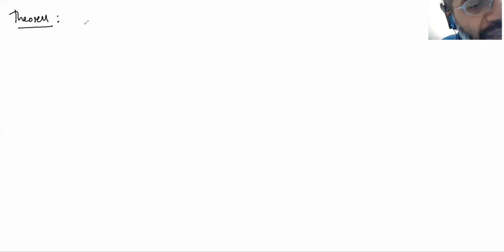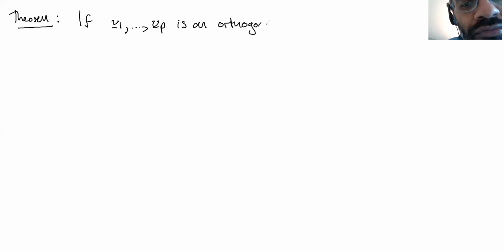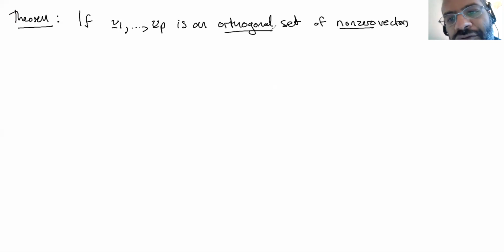The theorem says if U1 through UP is an orthogonal set of non-zero vectors, so orthogonal but can't include 0, then it's a linearly independent set. Let's say this is in Rn.